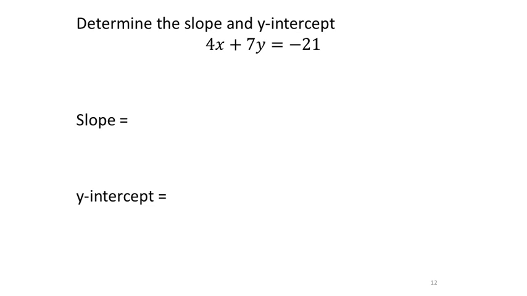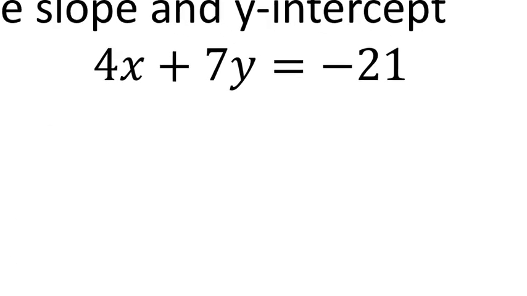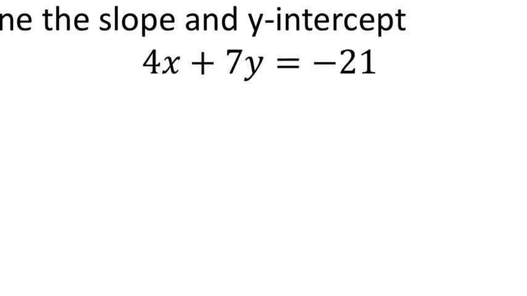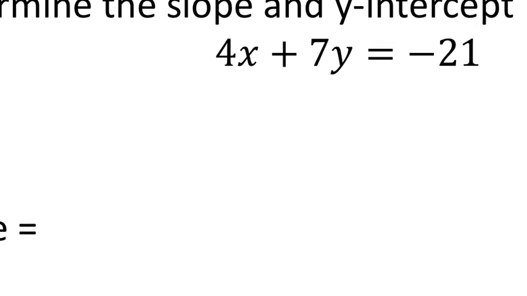So let's demonstrate that on this one. 4x plus 7y equals 21. Now we'll identify the slope and y-intercept, but let's go ahead and just change the format first into slope-intercept form. Two principles of equality, that's all that's required. We're going to make a 0, we're going to make a 1, that's it. And we're going to see what happens to the rest of the equation.